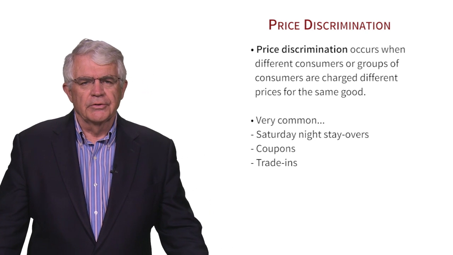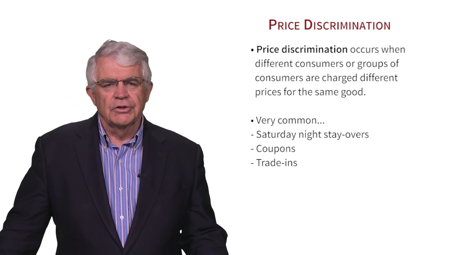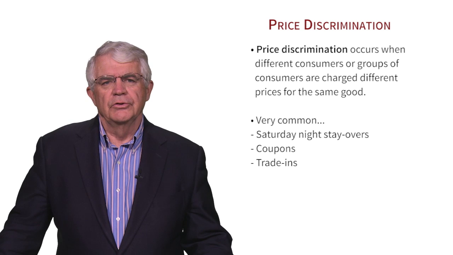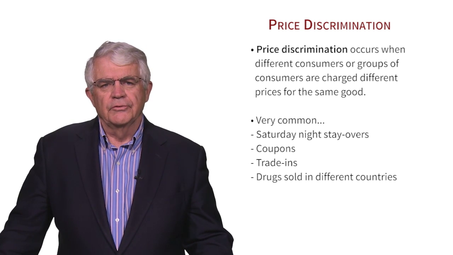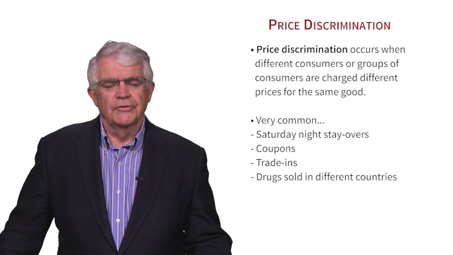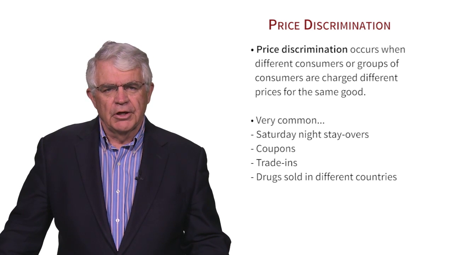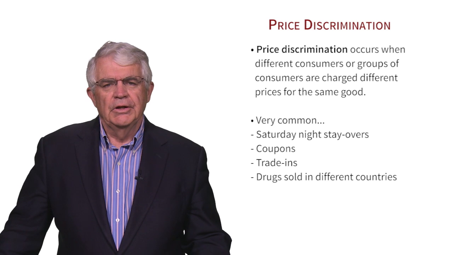Trade-ins of cars, another example. If you trade in your car, you usually get an extra lower price on the new car. The dealer will give you a good price on your trade-in. Another example is pharmaceuticals, drugs sold in different countries. You'll see the same drug sold at different prices in different countries.